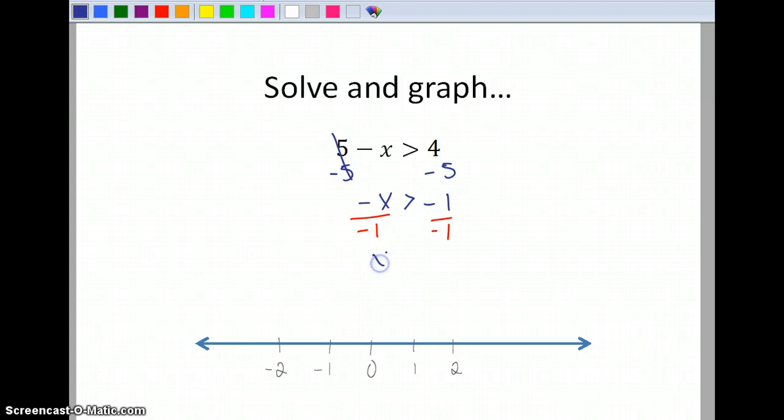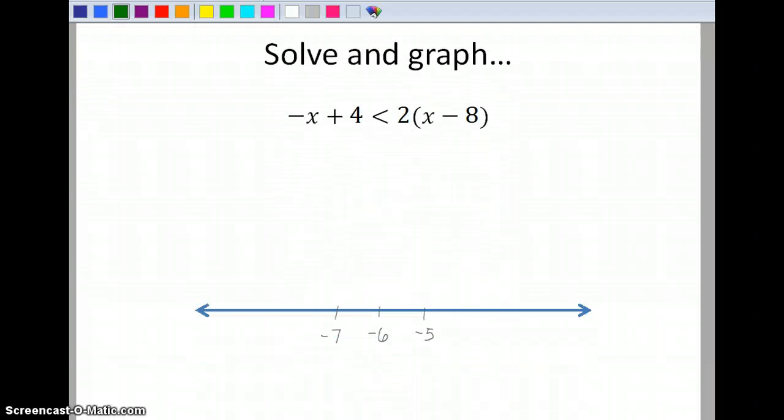So now I have x. Oh, I divided by a negative. What do I have to do? I have to change the direction of my inequality. So x < 1. So my key point is 1. It's an open circle. 0 is less than 1, so I know I'm going to be shading to the left.